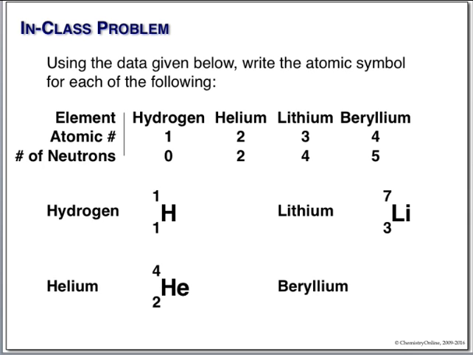And this is number of neutrons. So atomic number is the same thing as proton? Right? Yep, remember that. That's important. Like it's just flying over my head. Beryllium. 5 plus 4 is 9. That's our mass. And 4 is our atomic number or number of protons.